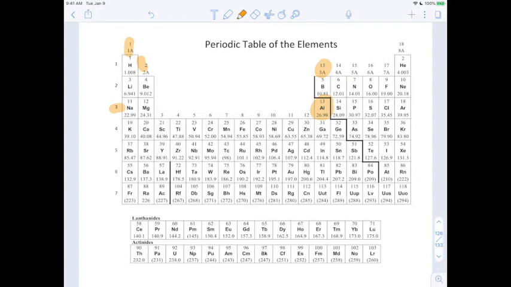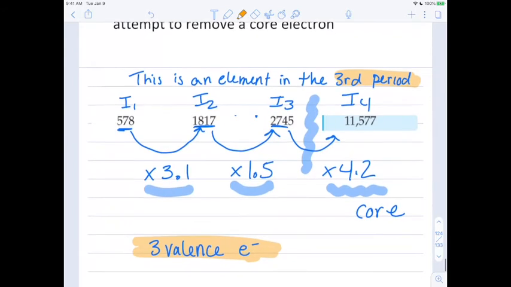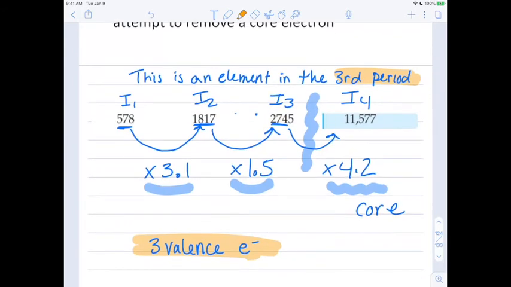So sometimes we give you a series of ionization energies and ask you to figure out what element it is. And so what you would do is look at the difference in those jumps. And I recommend that you do that division. In this case, I2 over I1. This gives you that 3.1.